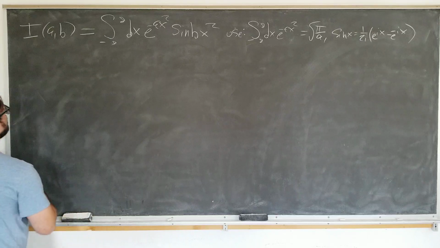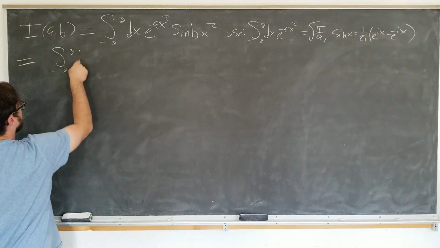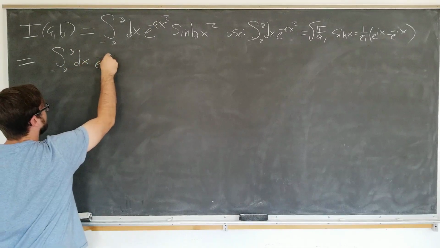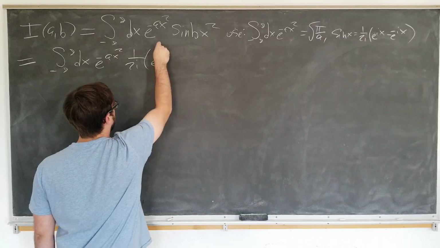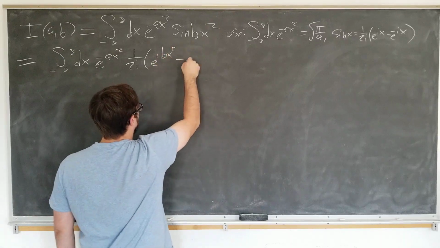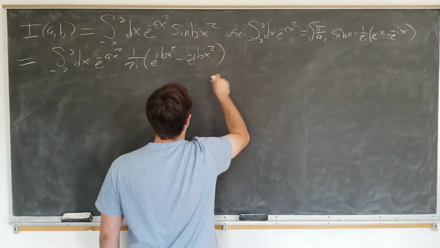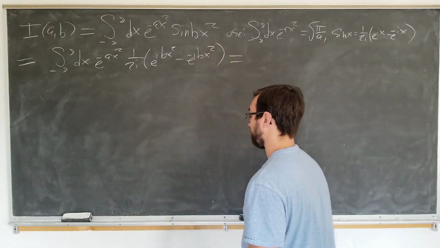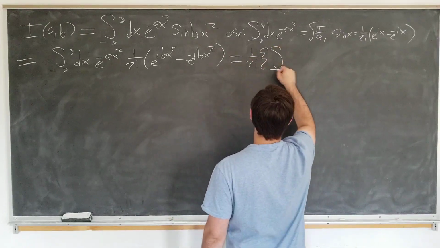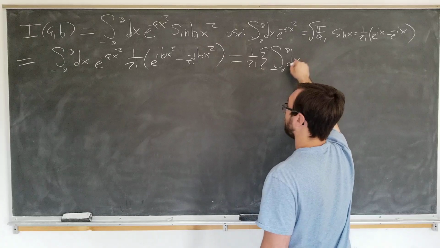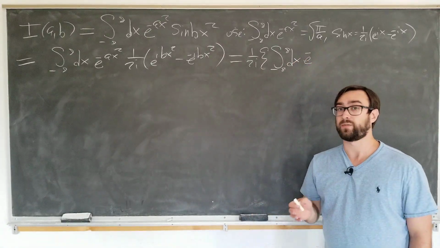Let's begin. This is equal to the integral, using the sine formula we just wrote down, of 1 over 2i times e to the i bx squared minus e to the minus i bx squared. This now breaks into two integrals, both of which are easy to do. The first integral just has e to the minus, and now we're going to get a Gaussian with a different constant.